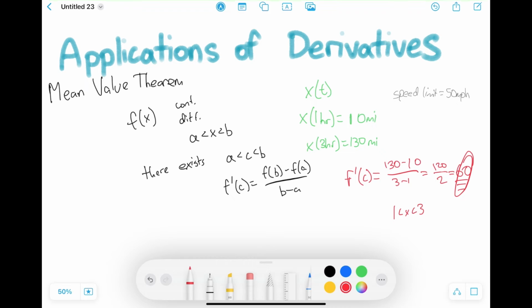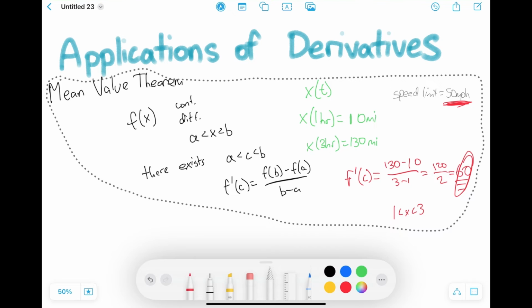And if at any point your speed was equal to 60 miles per hour, then you were exceeding this 50 mile per hour speed limit. And thus you were indeed speeding. And again, apologies for that silly mistake there. But that concludes our mean value theorem.